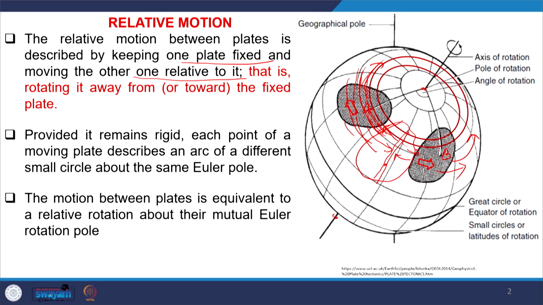So as this plate moves this way and that plate moves that way, they rotate about a fixed axis passing through the center of the earth, as if they are tied with threads and just rotating around this axis. This is just for your understanding.